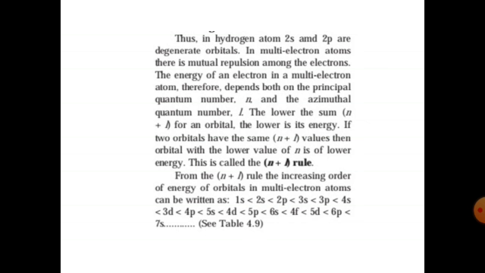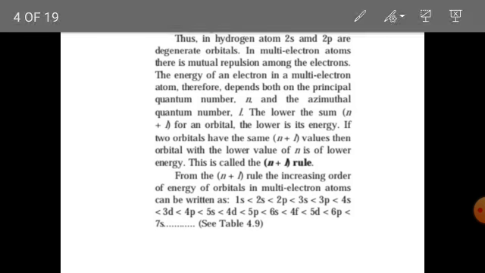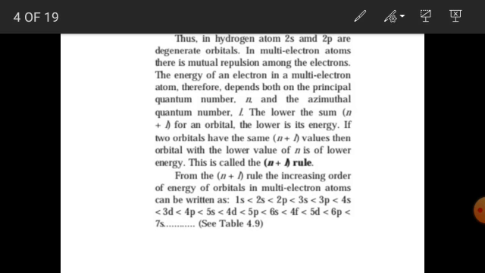The lower the sum n plus l for an orbital, the lower is its energy. You have to calculate the sum n plus l, and if it is low, then the energy of that particular orbital is lower. If two orbitals have the same n plus l value, then the orbital with the lower value of n has lower energy.